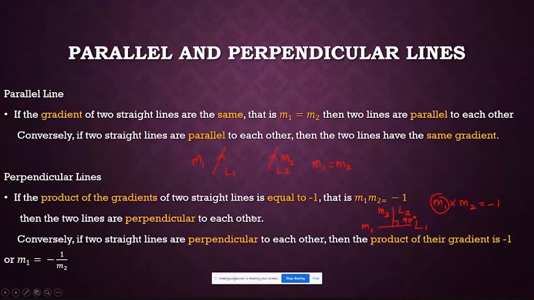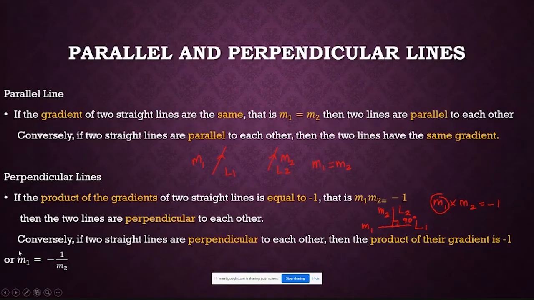So if you are given one piece of information for the first line, M1 equal to 3, then 3 times M2 equal to -1, so you can find the value for M2. Conversely, if the two straight lines are perpendicular to each other, then the product of their gradients is -1.